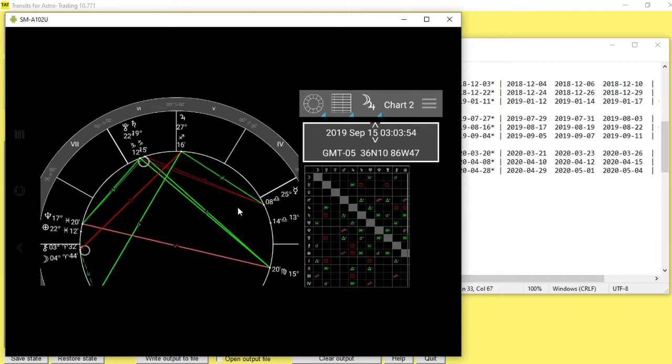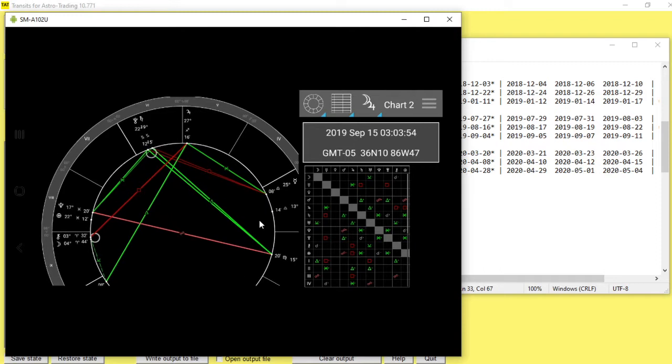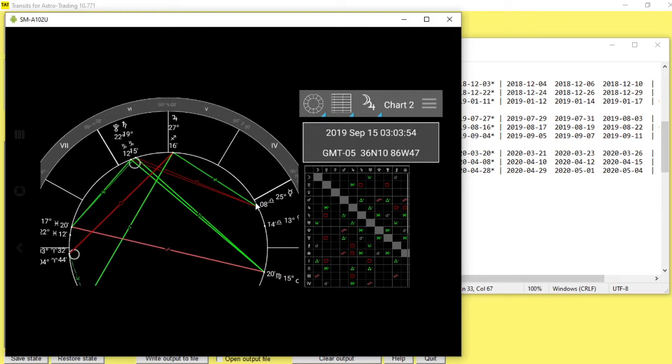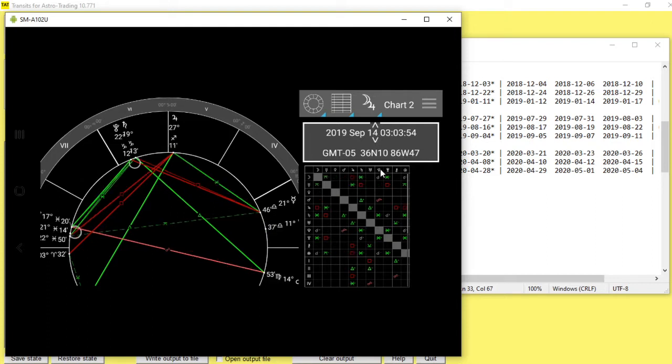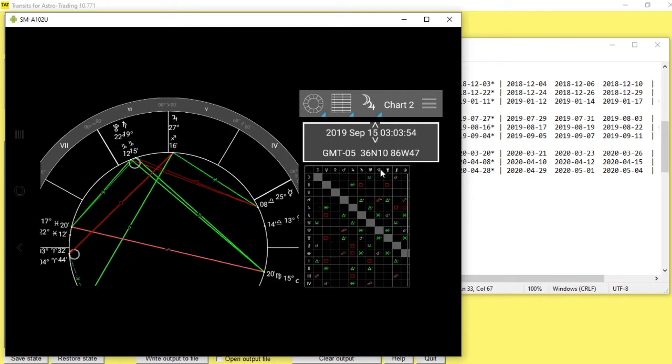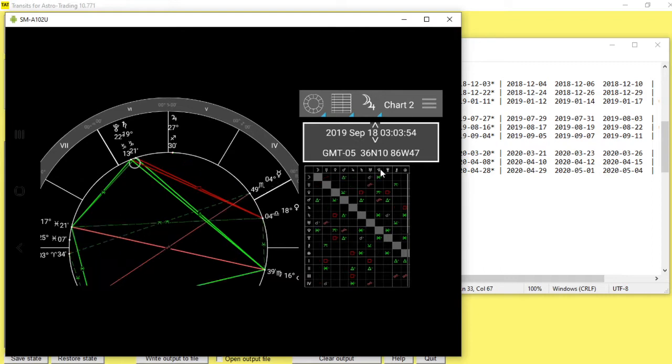She had some support from Mars that whole time, and some support from Jupiter to help it expand. So when did that start? The 14th. So we're looking at a strong expansion from the 14th.